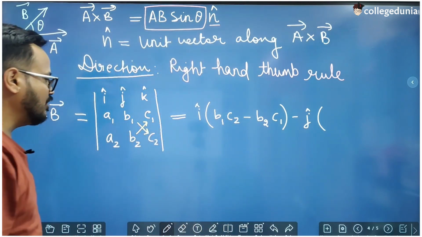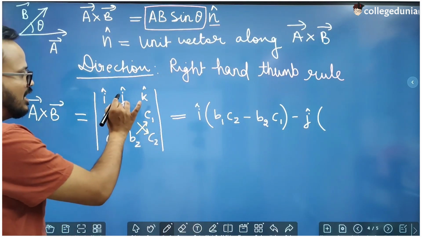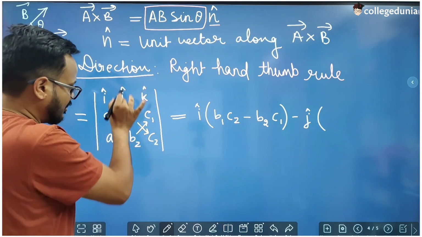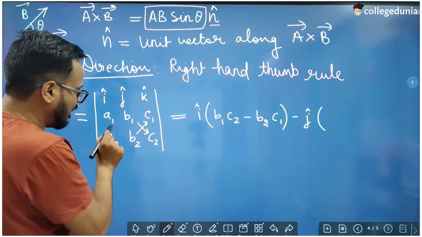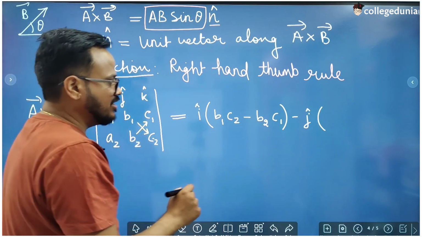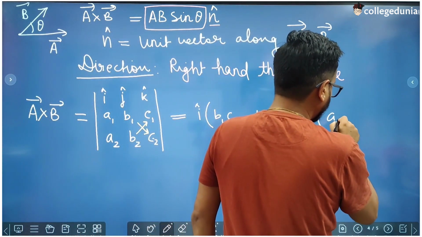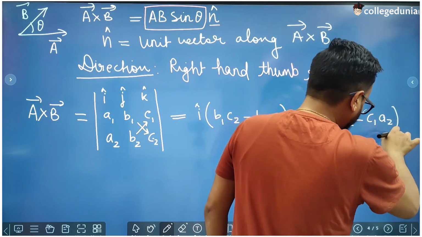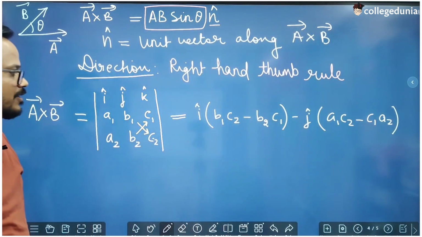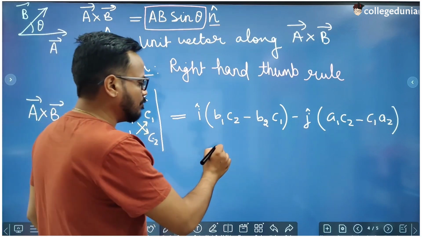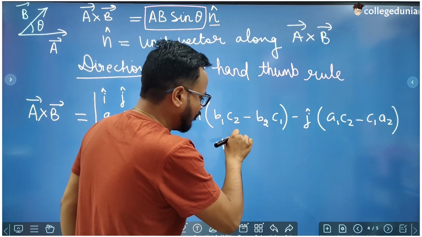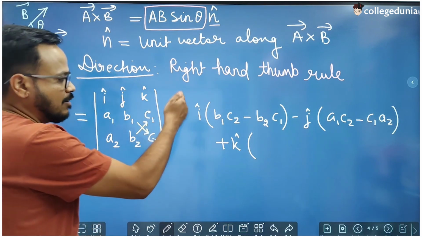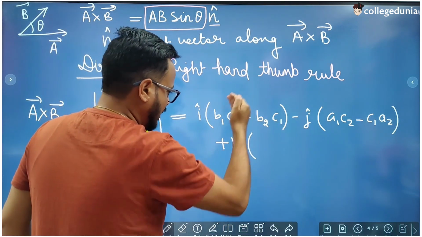and again we are going to do the same procedure. We will leave the row containing j and the column containing j. So it is a1 c2 minus c1 a2. Again we will put plus k. Just look carefully that we are putting positive and negative signs in alternate positions, plus i cap minus j cap plus k cap.